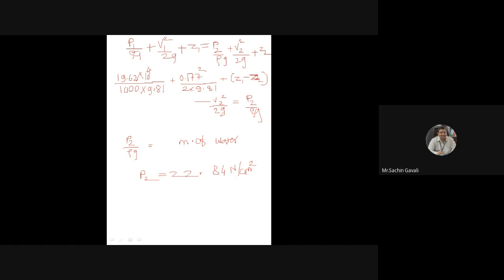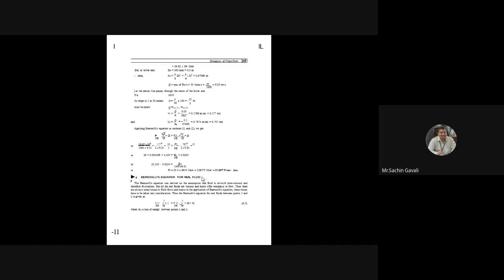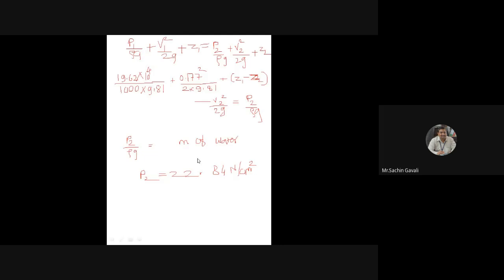First of all we will calculate P2 upon rho G, and then I will tell how to calculate P2, using 1000 and G. Somebody is getting 22.84 Newton per centimeter square, so that is the correct answer.